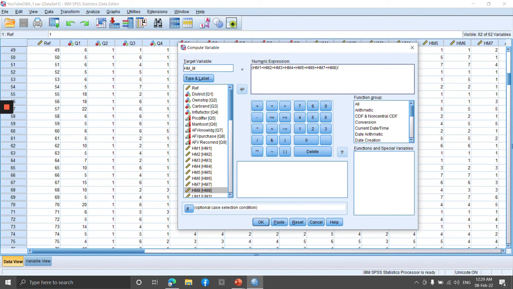Why? I have taken 8 questions to measure the HM, right? So I didn't do anything special. I just got the sum of all the scores of the 8 questions and divided by the number of questions. Then click OK.